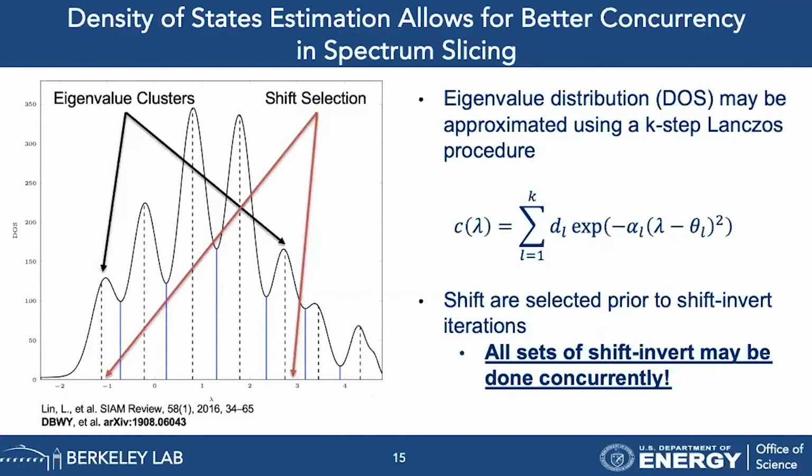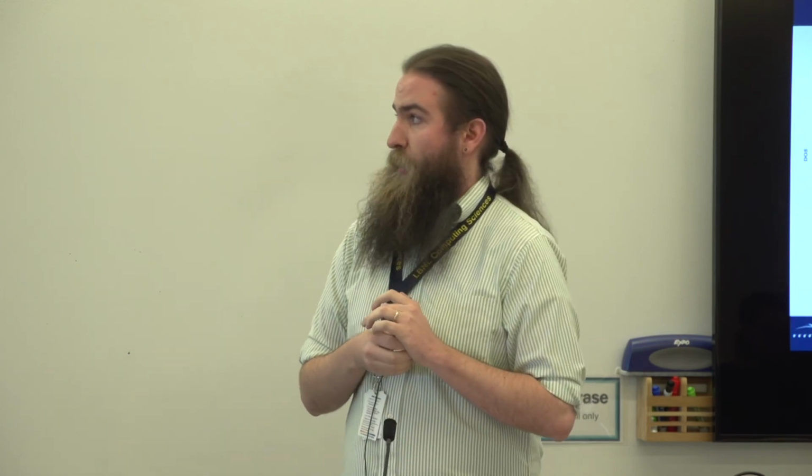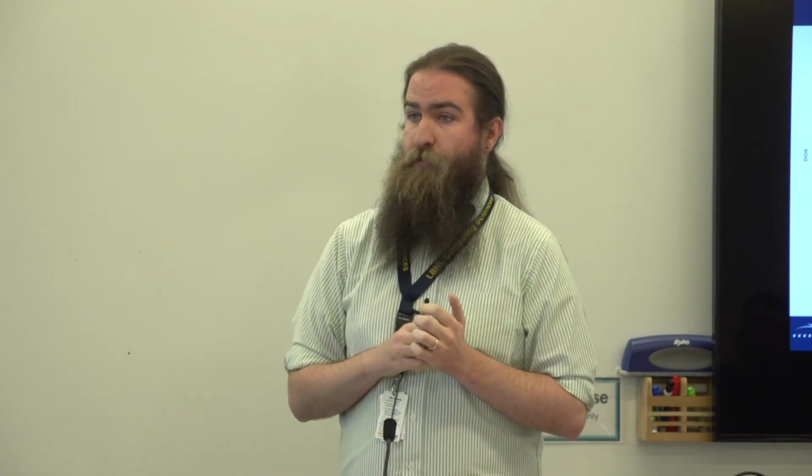So the way that we're going to do the spectrum partitioning initially is through this density of states approximation to the spectrum. The details of this are not terribly important, but the key is that through a fixed set of Lanczos iterations, I'm able to obtain a smooth approximation to the eigenvalue distribution through some linear combinations of Gaussians.